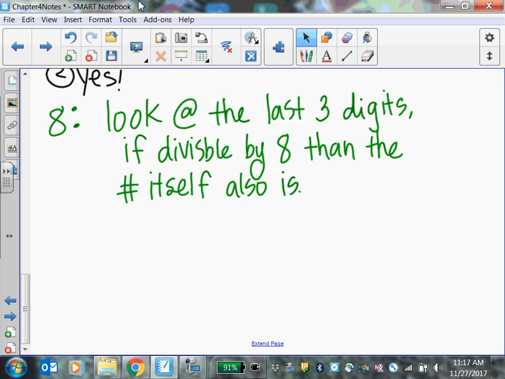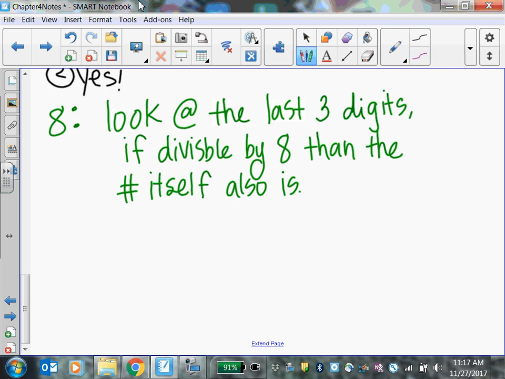If that is divisible by 8, then the number itself also is. Now, this can be hard because you don't really know 8s into 3 digits, but you can work your way through it. And sometimes if there's a 0 in that 3rd spot, then you're just looking at a 2-digit number. So sometimes it can be a little bit simpler.